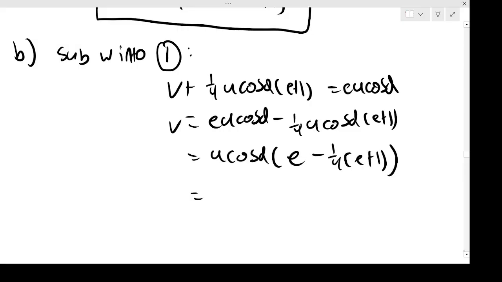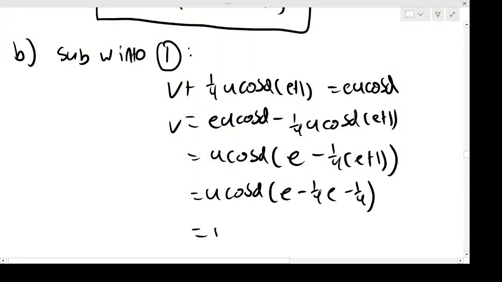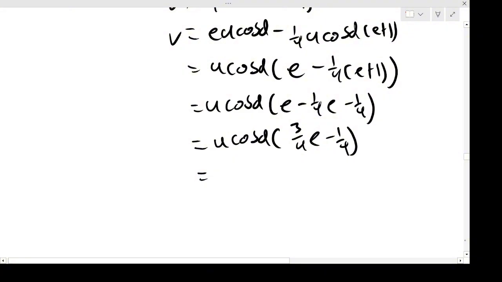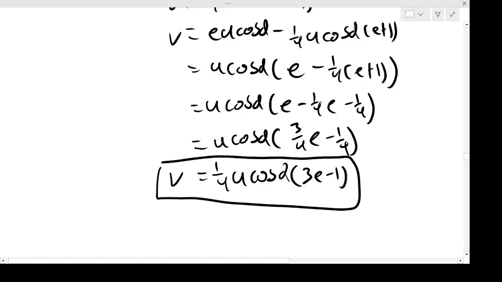Then I can tidy up this bracket here. So if I expand, that's going to be E minus a quarter E minus a quarter. And so lastly, we get U cos alpha lots of 3/4 E minus a quarter. Then finally, we can factor out a quarter. Okay, so a quarter U cos alpha of 3E minus 1. And there we are. Okay, we got there. So that's my expression for V.